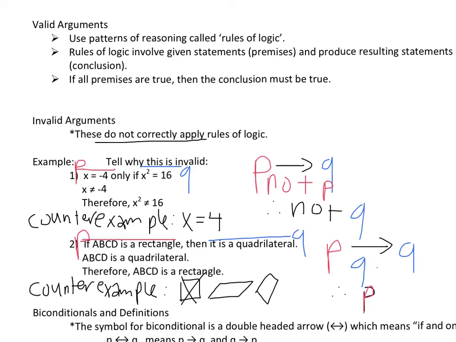Now that is not correctly applying the direct argument rule or the indirect argument rule, because if you remember, the direct argument rule requires you to follow the arrow and always be in the positive. So if P, then Q, P, therefore Q. And the indirect argument required you to go backwards and flip it. So if P, then Q, not Q, then not P. So that is why this is an invalid argument, because it incorrectly applies the rules of logic, and there's a clear counterexample.